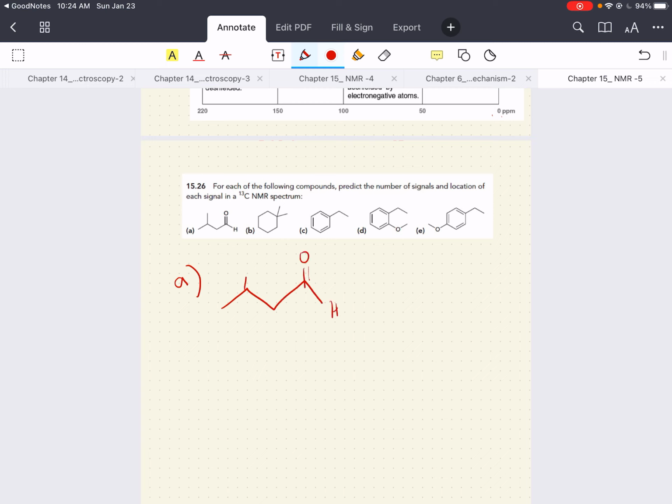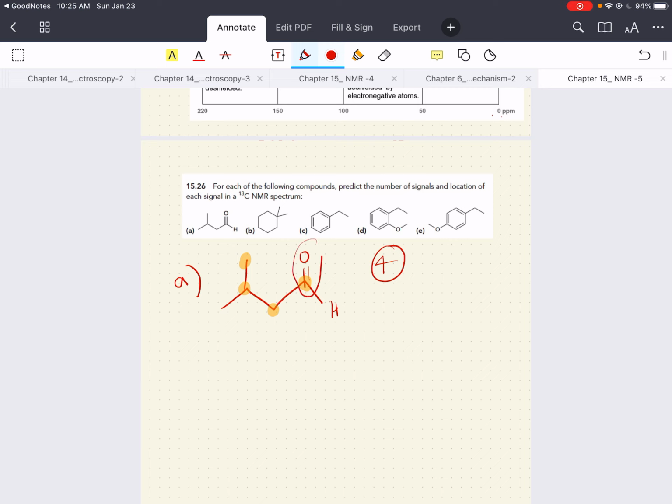Okay, so this carbon will give off one signal. This carbon will give off one signal. This carbon will give off one signal. These two methyl groups at the end are equivalent, so only one unique signal. This structure is going to give off 4 carbon signals.